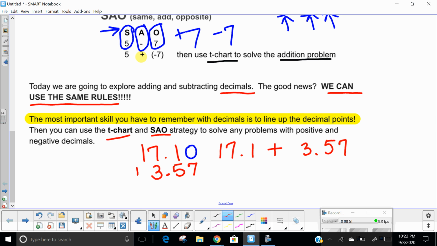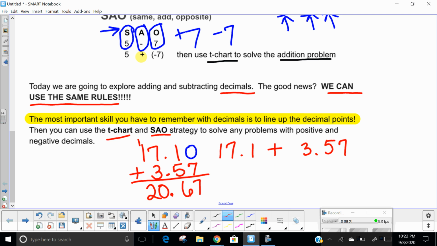Okay, so we can add them together, and 0 plus 7 is 7. 1 plus 5 is 6. My decimal point comes straight down into my answer. And then 7 plus 3 is, excuse me, 10. I carry the 1. 1 plus 1 is 2.